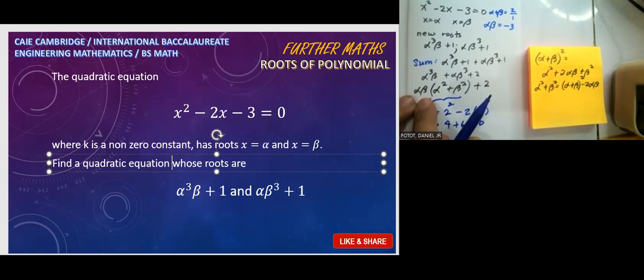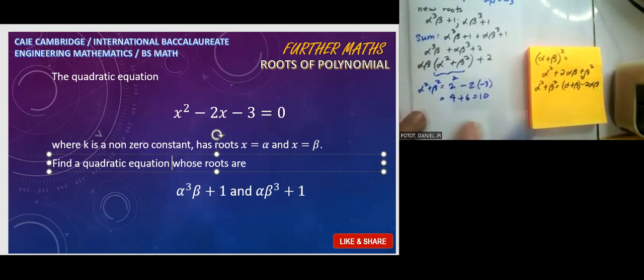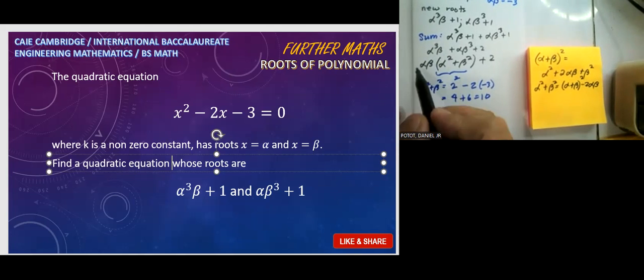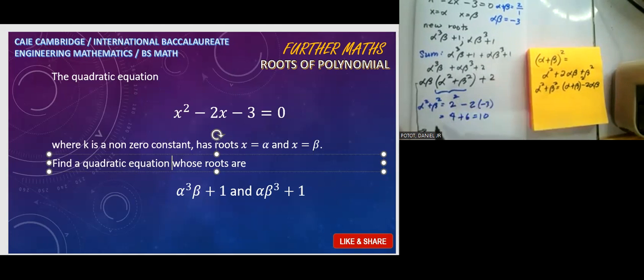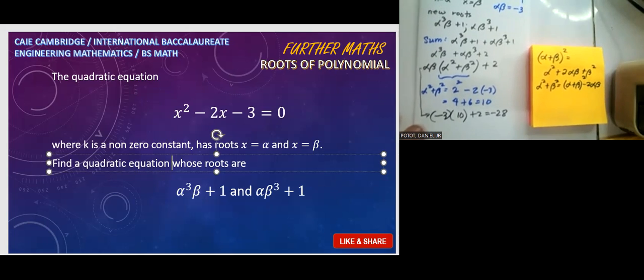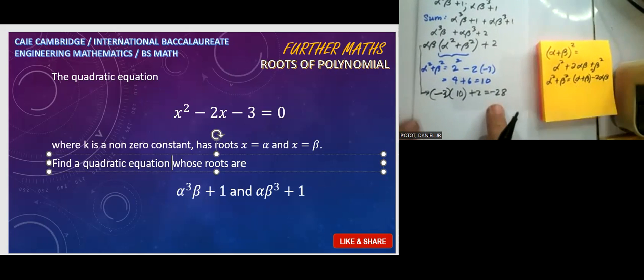Now alpha beta here is negative 3. So the new sum is alpha beta, negative 3, times 10 plus 2, which is negative 28. Therefore, the sum of the new roots is negative 28.